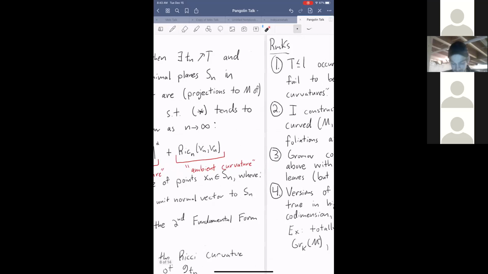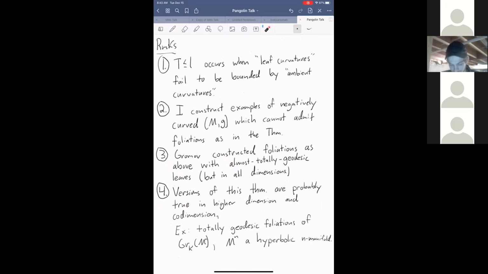A question that probably occurred to people when I said this theorem: there are, of course, examples of negatively curved metrics to which this theorem can apply to produce a foliation like this. This is only some neighborhood of the constant curvature metric. The examples that I construct in my paper of metrics to which this theorem can apply are kind of hacked together.